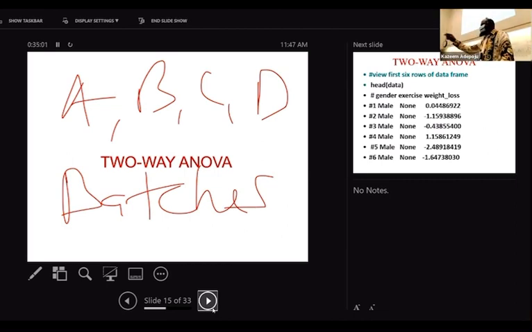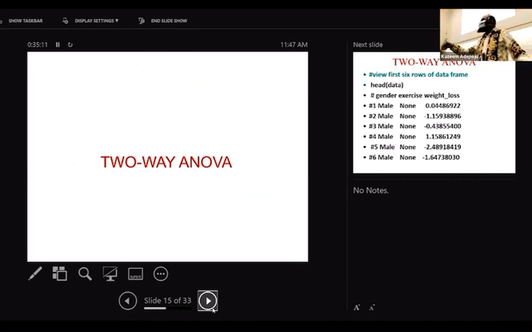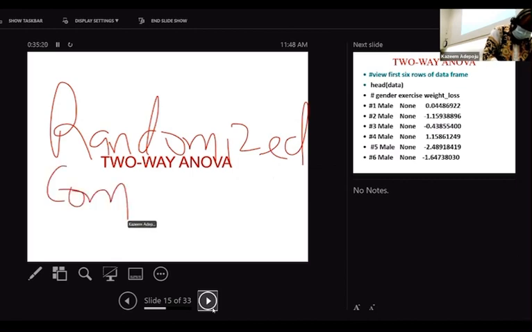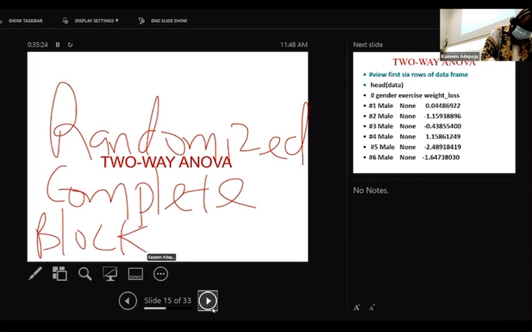So that is an example of a two-way ANOVA without interaction. Two-way ANOVA without interaction is what we call randomized complete block design.